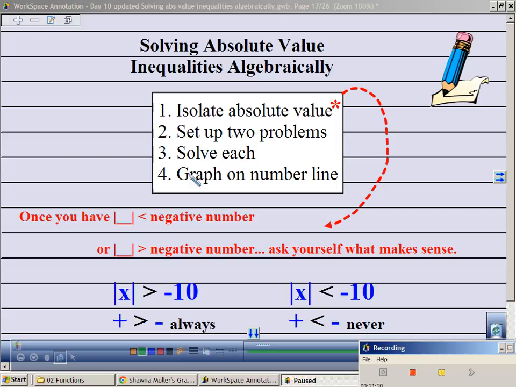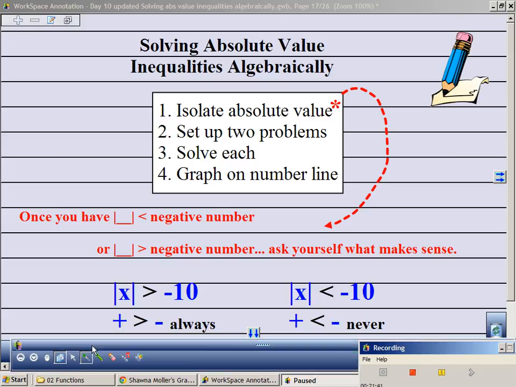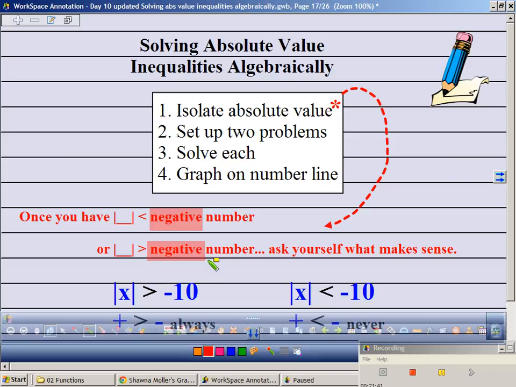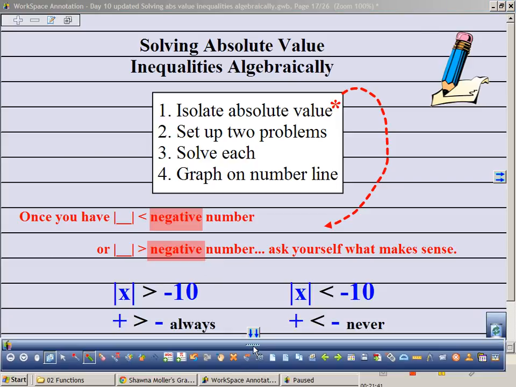But what we've been working with right now is there's a star for that. Once you isolate it, so once you have absolute value all by itself, and it's less than a negative number, that's what's important here. Less than a negative number, or if the absolute value is greater than a negative number, you need to ask yourself what makes sense.